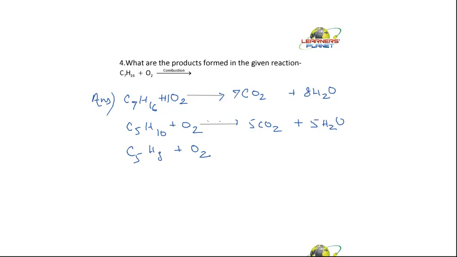So what should be the product here, students? It should be again carbon dioxide and H2O. Right? So whenever a hydrocarbon is burnt in oxygen, a combustion reaction, we get carbon dioxide and water.